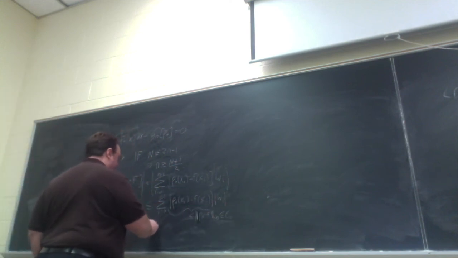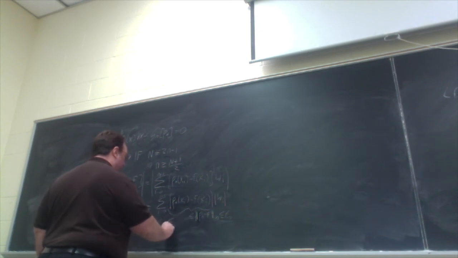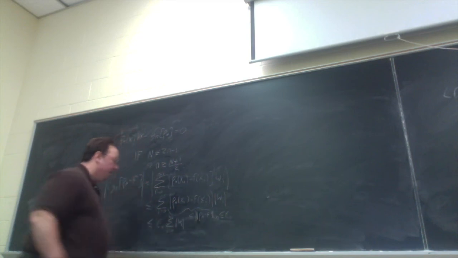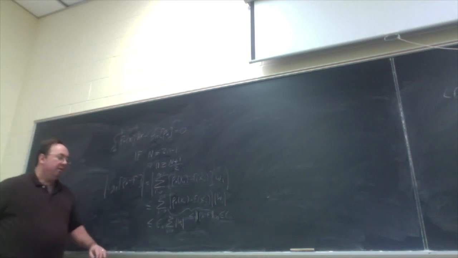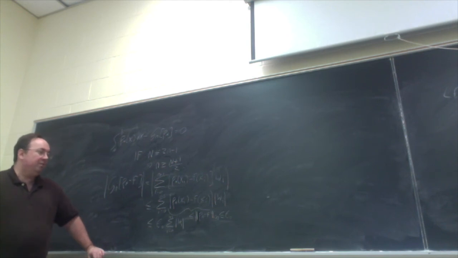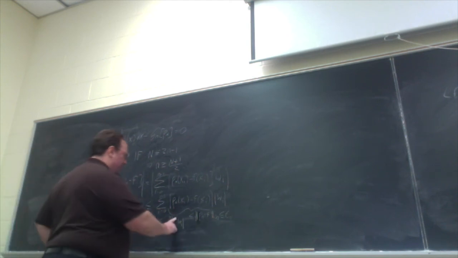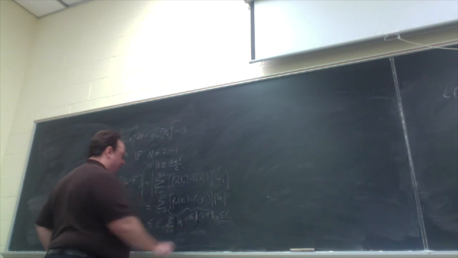So this is less than or equal to epsilon naught times the sum of the absolute values of all the weights. But the weights are positive for Gaussian quadrature, so I can actually drop the absolute value.